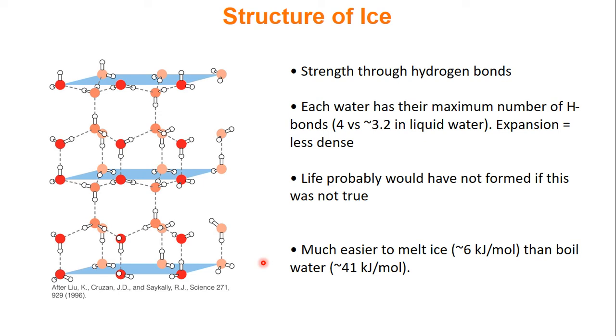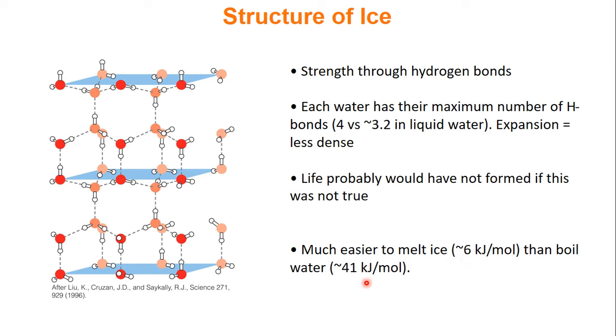Talking about hydrogen bonds, it is much easier to melt ice than it is to boil water. The whole reason for that is breaking hydrogen bonds. Like I said, when you go from ice to liquid water, you're losing maybe a hydrogen bond. That takes 6 kilojoules of energy per mole of ice.